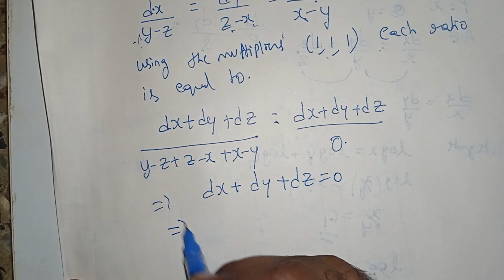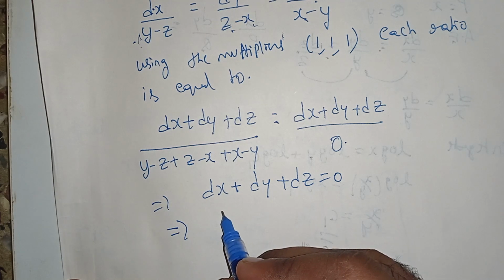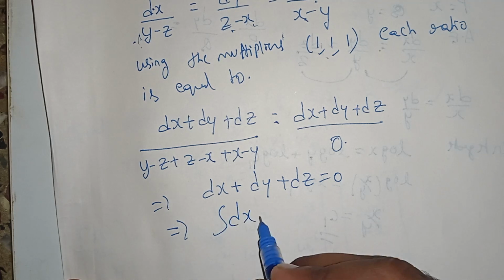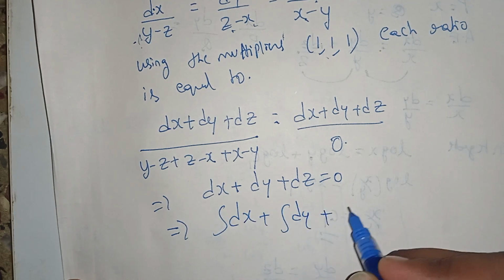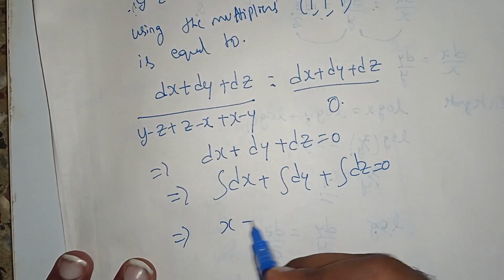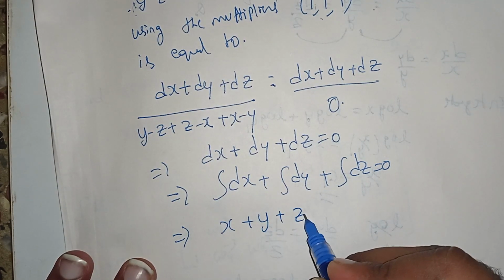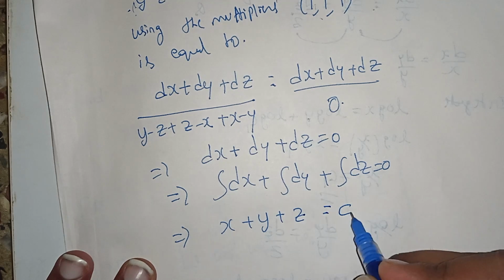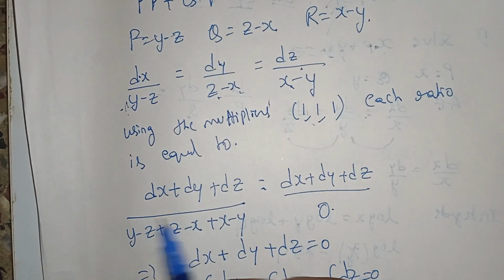If you integrate, integral dx, integral dy, integral dz equal to 0, which gives you x plus y plus z is equal to some constant. Similarly, I will use another multiplier so that it will become 0.